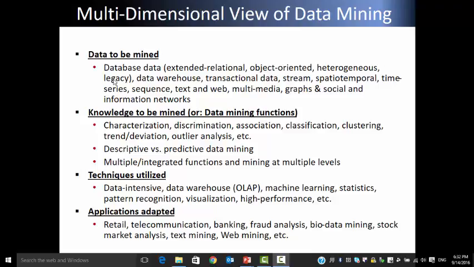Okay, another is transactional data. What is transactional data? Data that cover an entire transaction. A transaction can be either a short transaction or a long duration transaction.